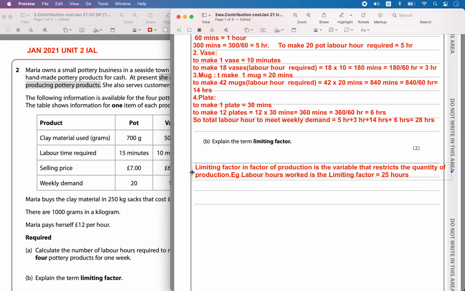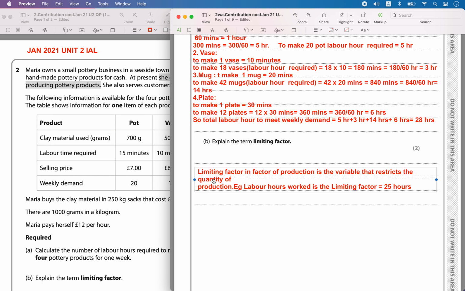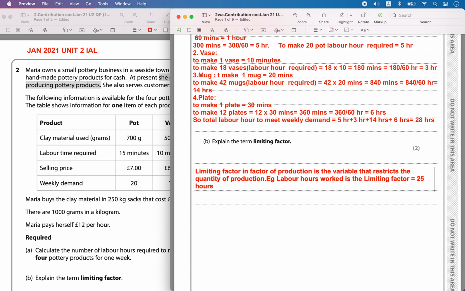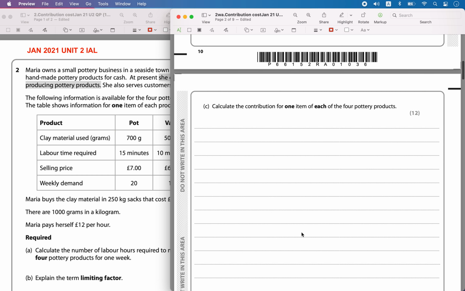But actually, if you see, it requires 28 hours to meet the quantity of demand demanded by the consumers. But she is able to work only for 25 hours. So her quantity of production is going to get restricted. So that is called a limiting factor in the factors of production, that is the factors responsible for production, which is going to restrict the output or the quantity of production.